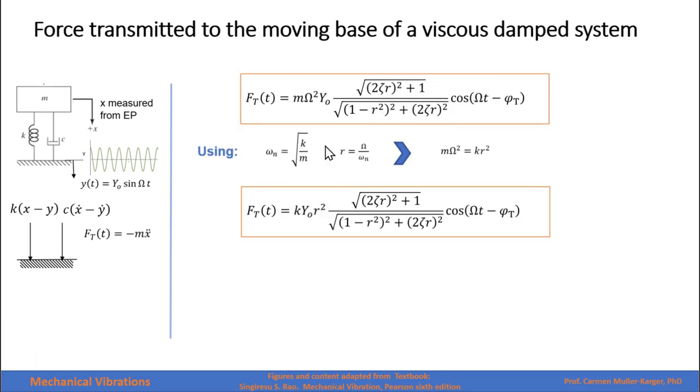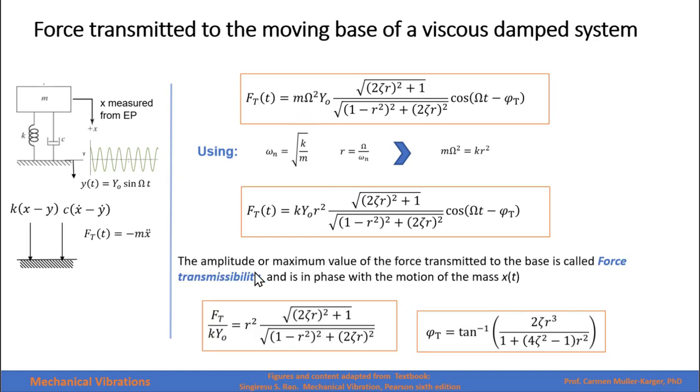If we substitute m times omega squared by k times r squared, because we can multiply and divide by k, the amplitude of the maximum value of the force transmitted to the base is called force transmissibility, and it has a phase angle.